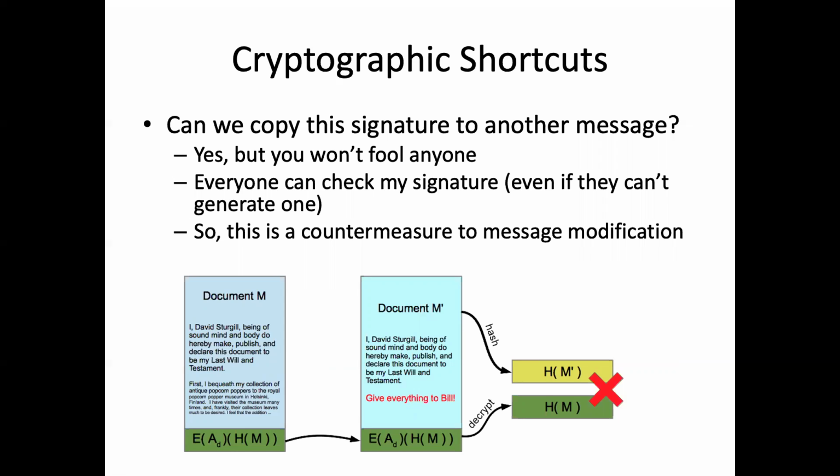If they tried to take your document that you signed and modify it by changing the text or putting something else in there, and then they just copied the digital signature onto the end of the document, well, if someone was checking the signature, they would take the document, run it through the same cryptographic hash. They would take the digital signature at the end and decrypt that using your public key. Then these two hashes probably wouldn't match.